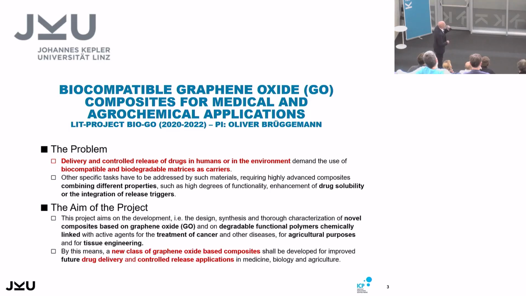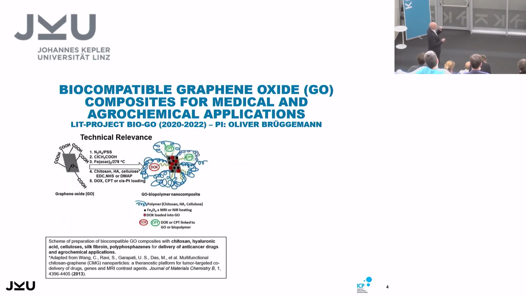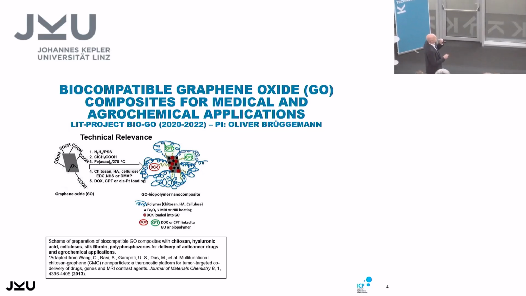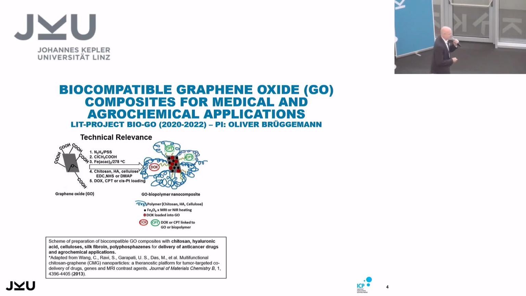And the idea is then, of course, to add new tools to this toolbox, as I said, based on graphene oxide for drug delivery and controlled release applications. Our first idea was to create, based on graphene oxide, a derivative of graphene, a composite system with polymers and drugs and so on for treatment of cancer and also for helping plants to grow.